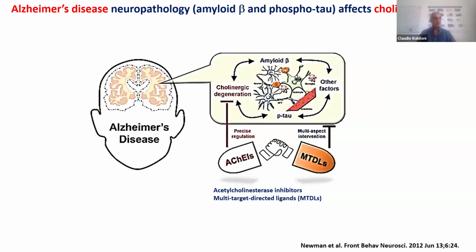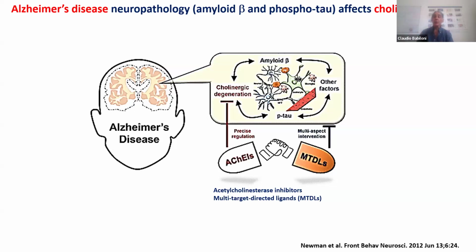Another experiment, which is relevant for understanding the basis of vigilance dysfunctions in Alzheimer's disease patients, tested the integrity of cholinergic tracts from basal forebrain to cerebral cortex.